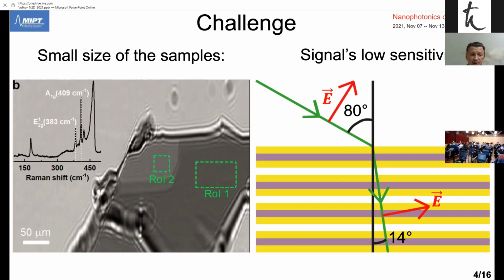This is because of the geometrical size of the TMDC crystals, the traditional crystals or flakes which are the object of the investigation. They are obtained by exfoliation, by use of the so-called sticky tape approach. As a result, those samples themselves are only tens to hundreds of micrometers in size, if you're lucky, basically.